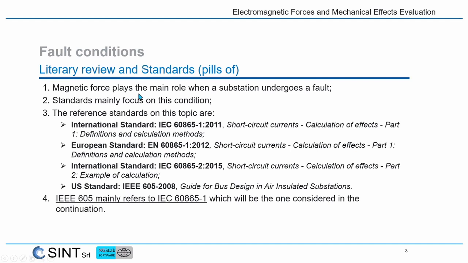In fault conditions, we have some information that can be found in the standards. Indeed, we can say that magnetic force plays the main role when a substation undergoes a fault and we want to compute the forces due to this fault. And for this reason, standards mainly focus on this condition.